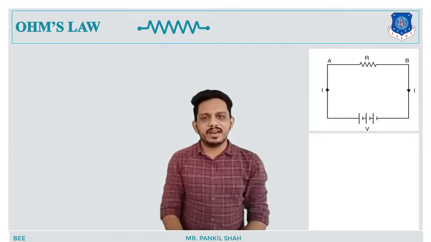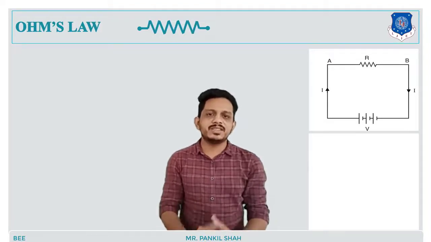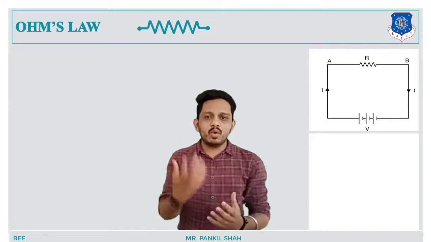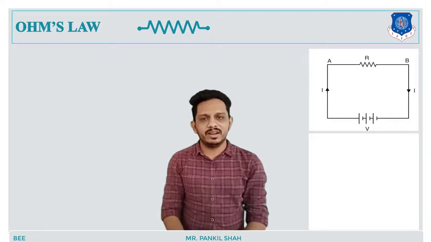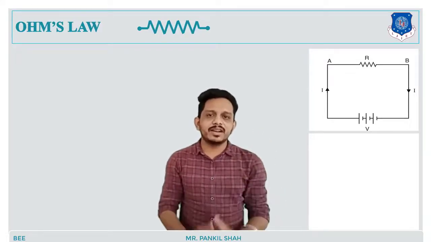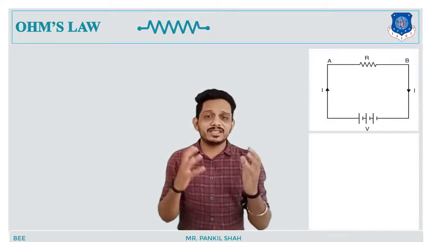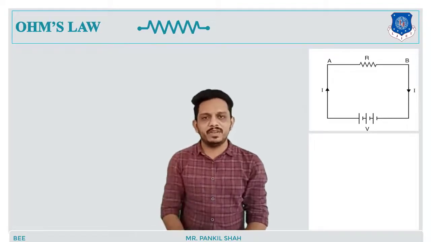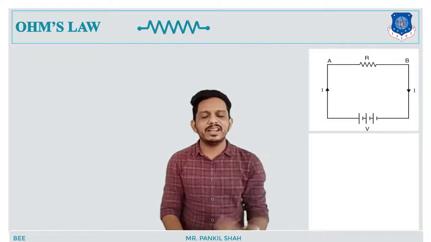Some resistance R is connected with a battery, and the supply voltage is V. Whenever we give voltage to any conductor, current will start flowing through that conductor. So I is the current flowing through this conductor. V, I and R are the important terms in Ohm's law. So what is the relationship between the voltage, current and resistance of any conductor connected in that path?